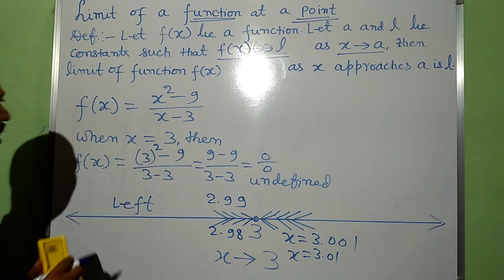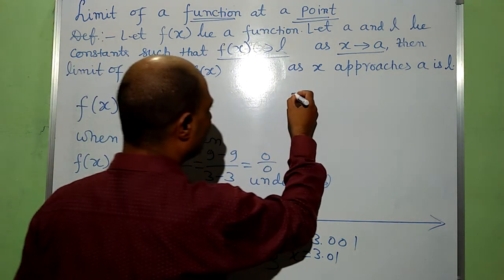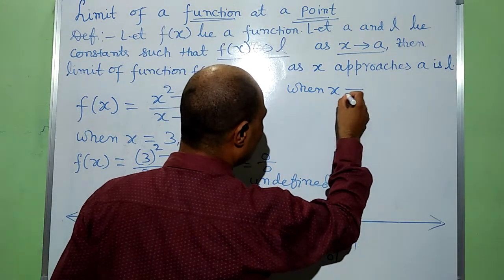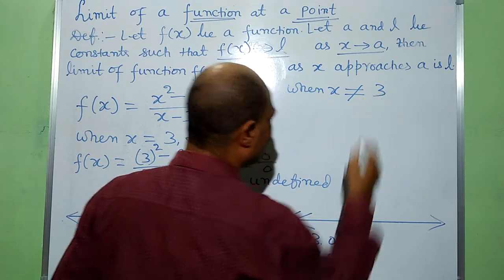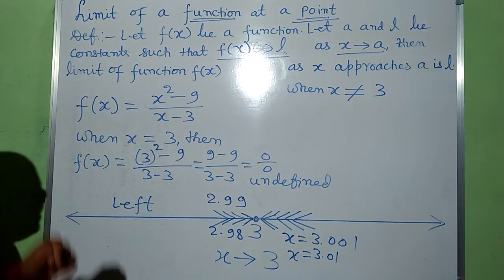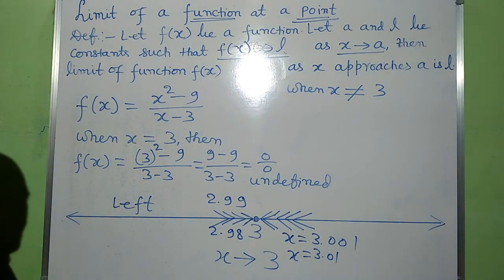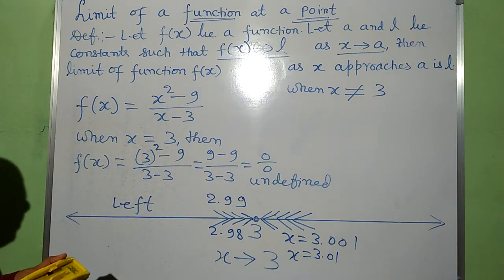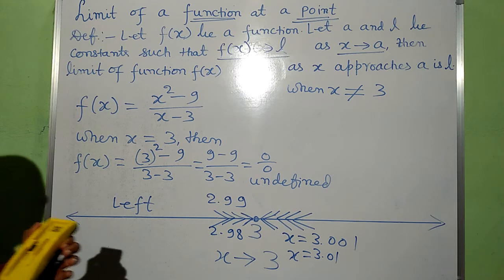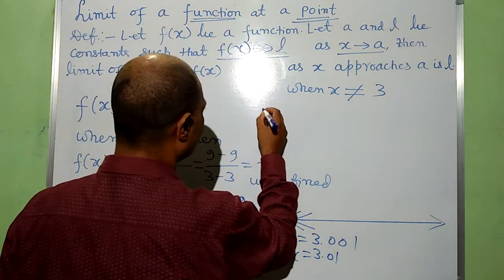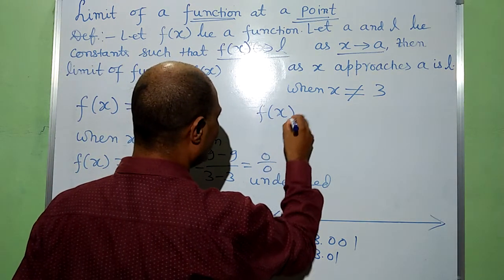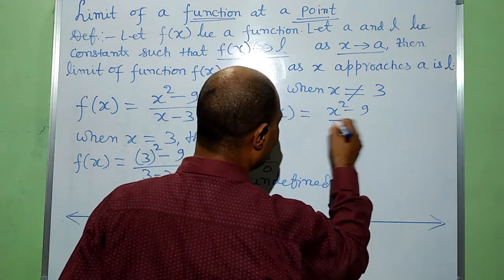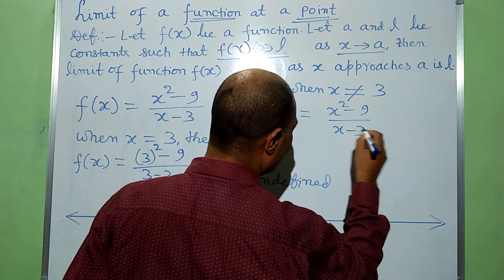But when x is not equal to 3, x is slightly less than 3 or slightly greater than 3, then we can find its value like this. Then f(x) will be x square minus 9 by x minus 3.